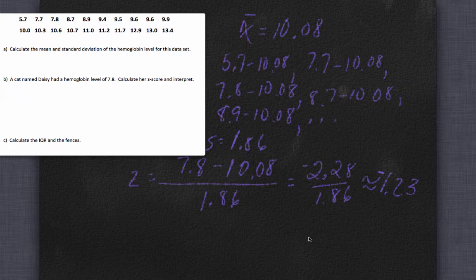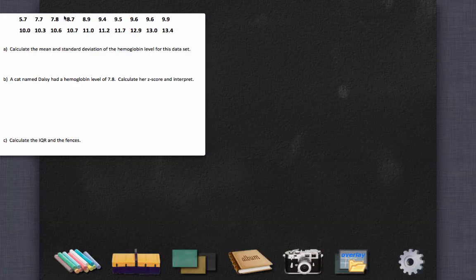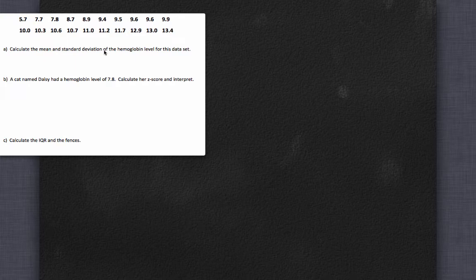For the IQR and the fences, okay, so there are 20 values, which means the median is between these two. It's already in order for us, so that makes it a little easier. So since it's 10 here and 10 here, then the median, or Q2, is between 9.9 and 10. So we average them.